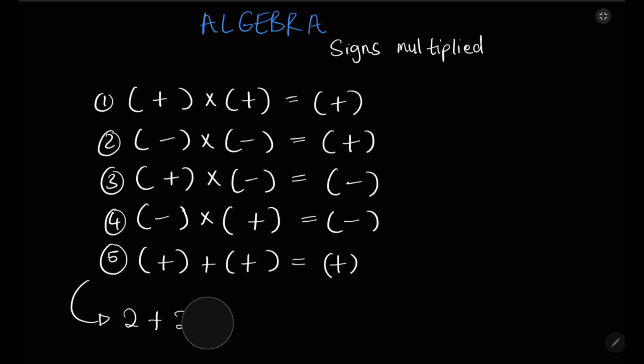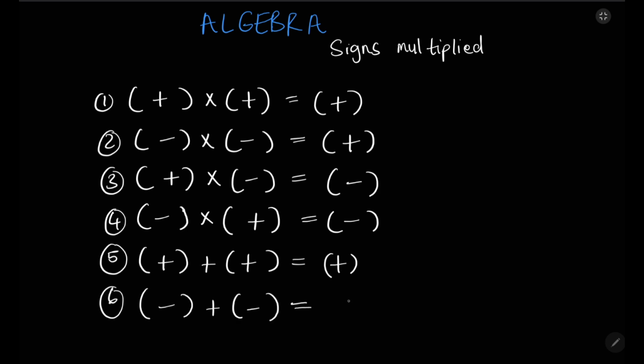So you always get a positive answer. But if you have negative plus negative, your answer will always be negative. For example, if you have negative 2 plus negative 2, your answer will be negative 4.